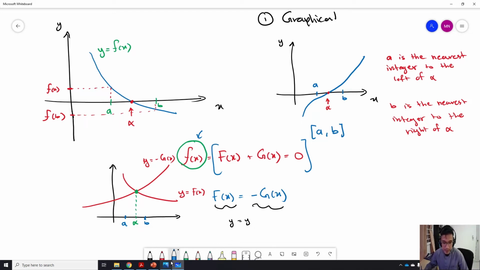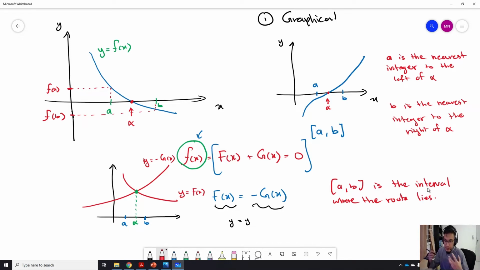So from here we can mention that a and b is the interval where the root lies, di mana root equation itu berada.